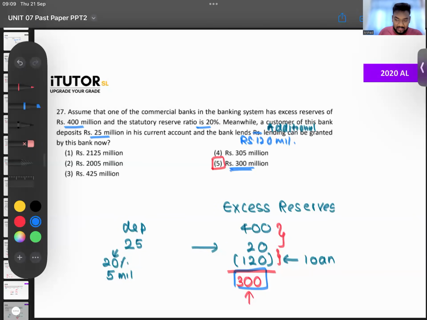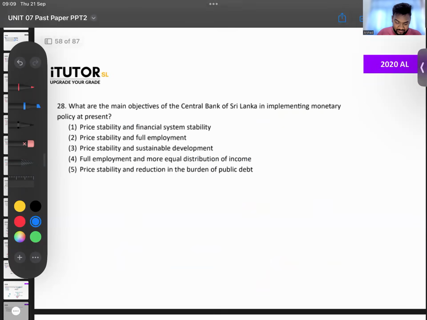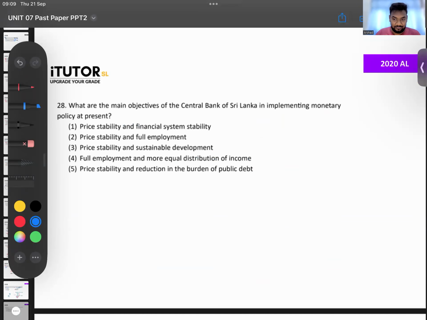Okay. Now, then going into 28. Okay. Again, very easy, guys. This one. What are the main objectives of Central Bank of Sri Lanka in implementing monetary policy at present? What is the main objective? Price stability and financial system stability, price stability and full employment, price stability and sustainable development.